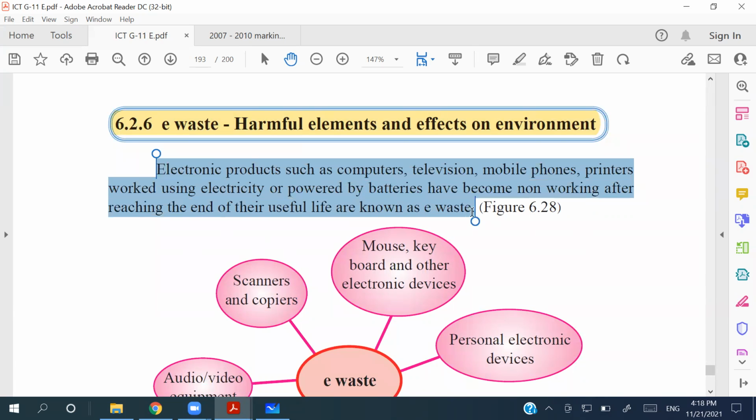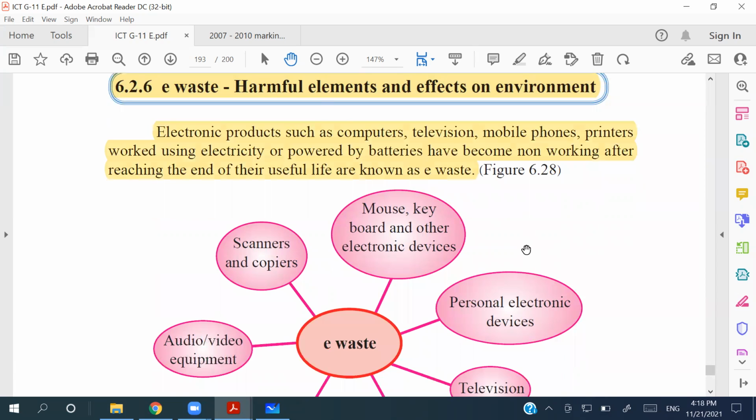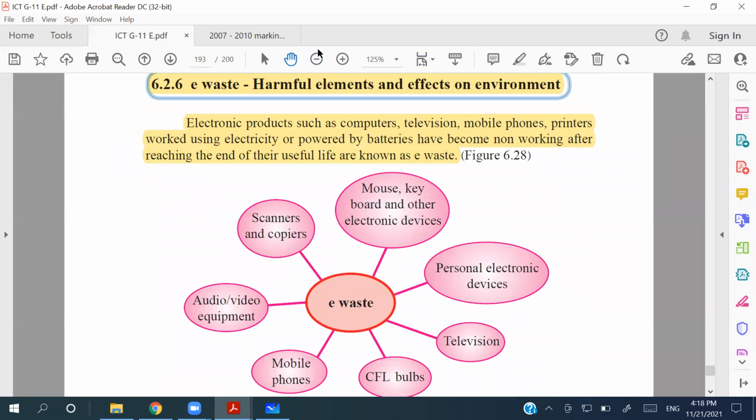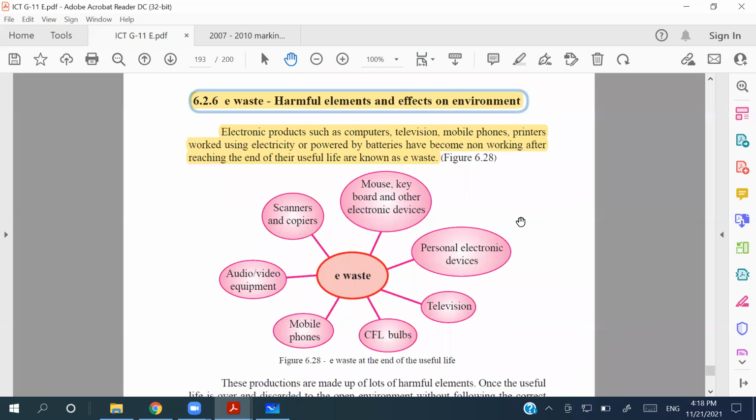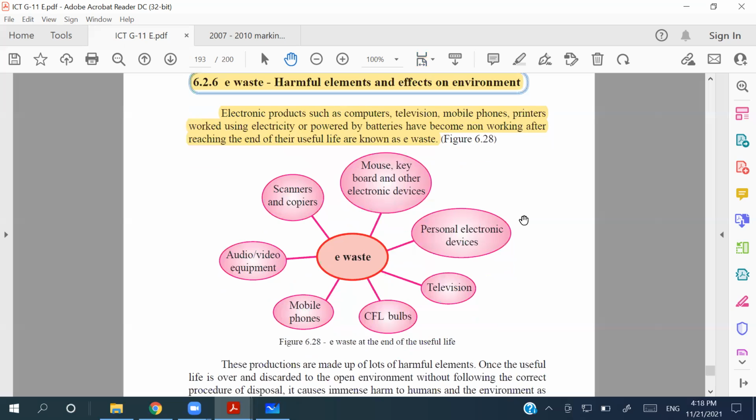Write down the definition of e-waste. And it's better you draw this diagram to show what e-waste is.